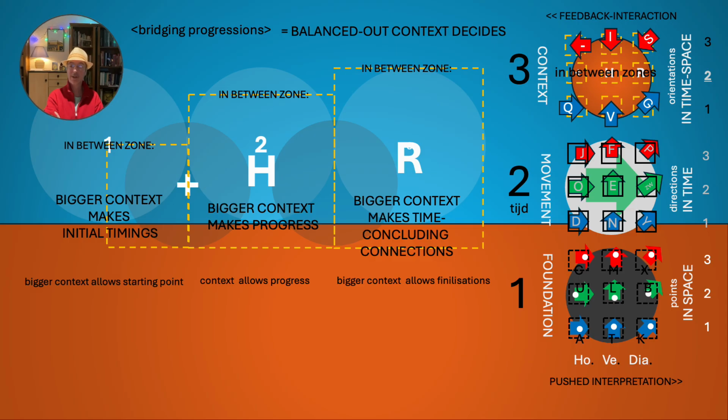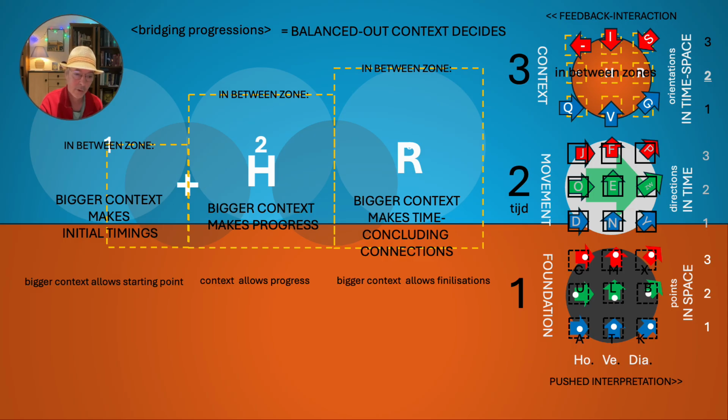It also says the context decides, the definition decides. The bigger context decides the initial timings. So when I want to start a timing, it's the context which will decide. So I do not decide that, for instance, I will start something. No, when something is needed in the context, then a timing process can start.